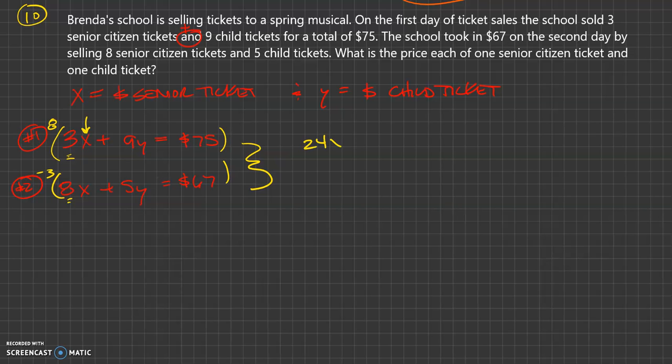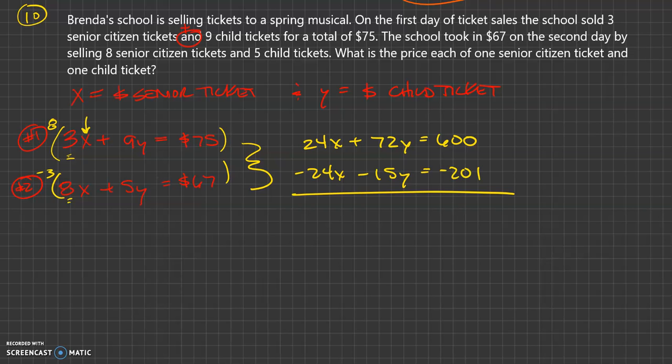So this would be 24x plus 72y is equal to 600. And then I'm going to have negative 24x. See, there's the opposite coefficients that I was looking for. Minus 15y is equal to negative 201. I had to do that real quick.